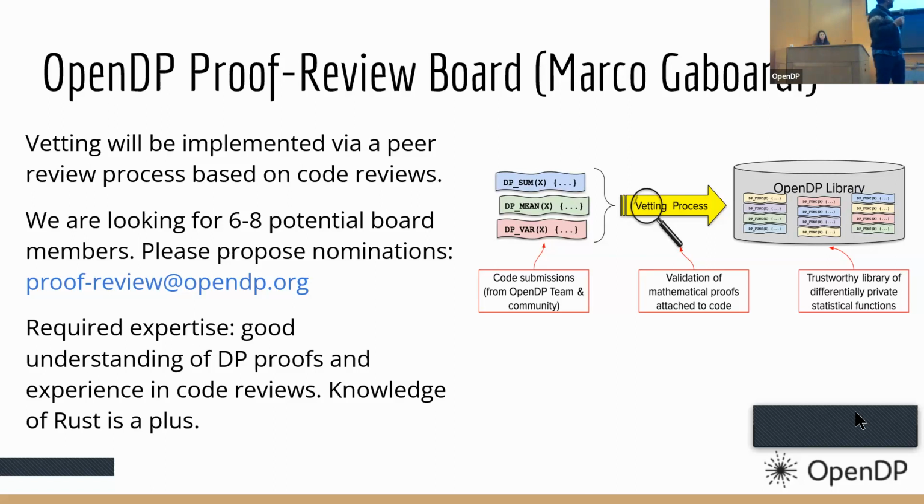So if you are interested, or you have a student that is interested, or you think your employee should do this, you can write an email to proofreview@opendp.org. I don't know if it's already active. It's good, okay, it's good to go. So just write there, and we will receive the nomination. If we do not have enough nominations, we will try to pool.